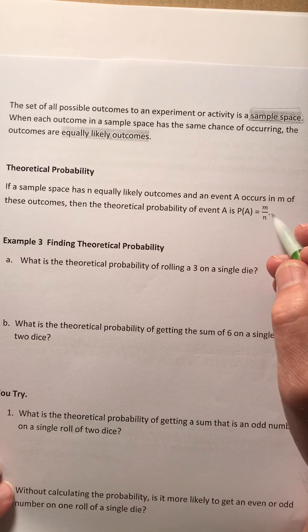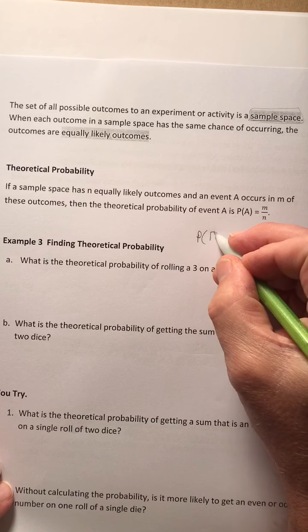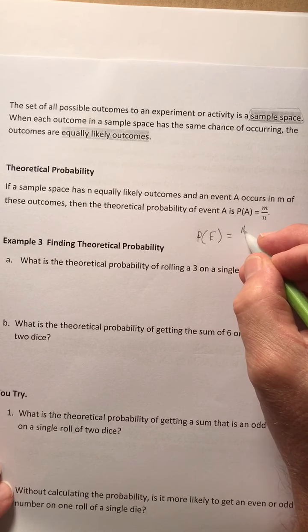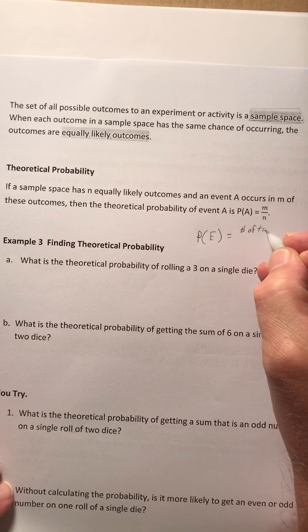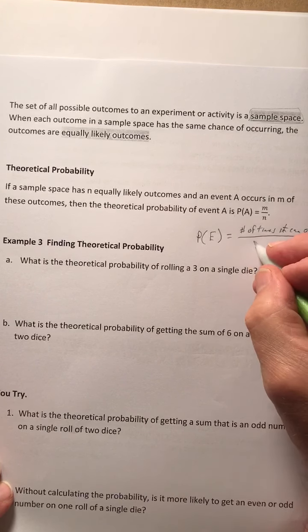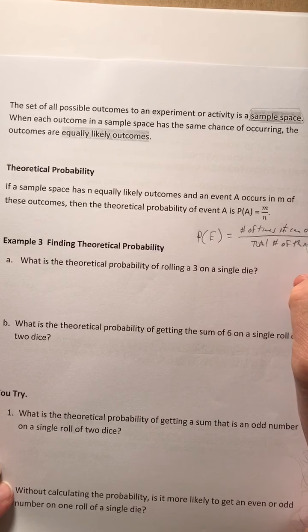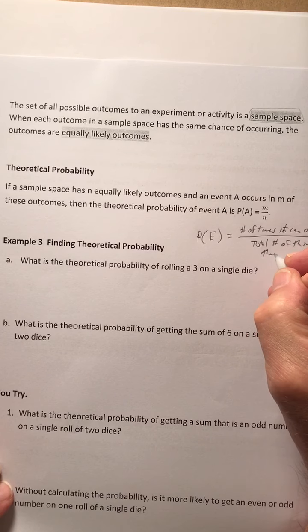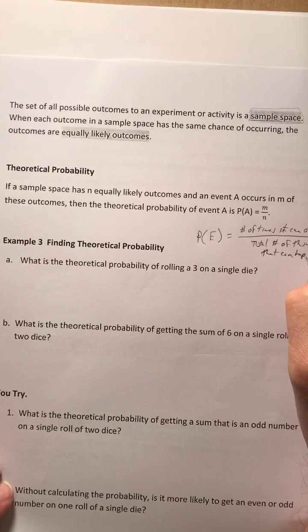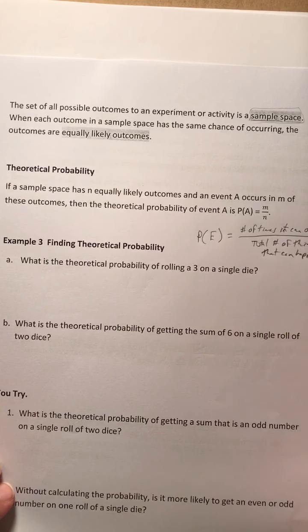The probability of an event occurring is the number of times it can occur over the total number of things that can happen. All right? So the number of times the event occurred over the total number of times any event can happen.